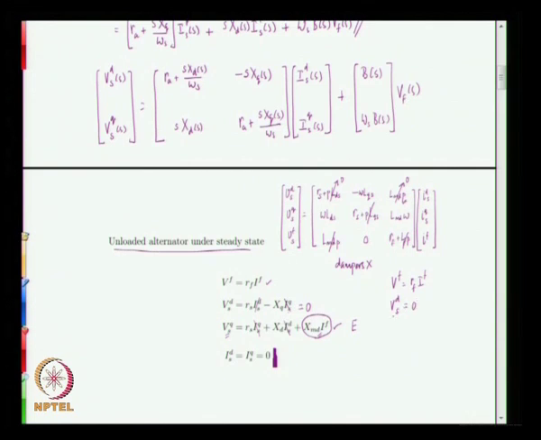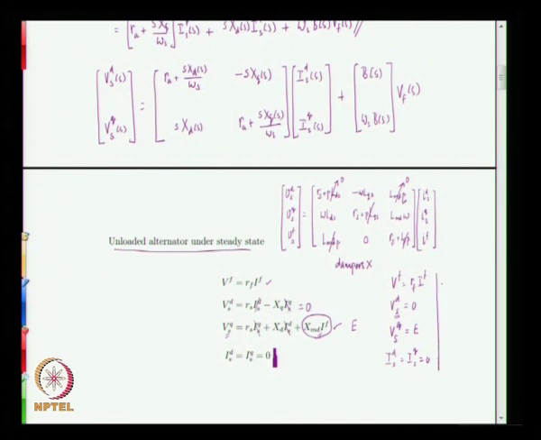Please note that in Vds, the S stands for the synchronous reference frame of the stator, it is not a function of s. You have Vqs equal to E, and Id for the stator equal to Iq of the stator equal to 0.